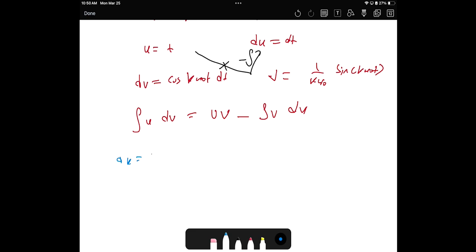This yields the integration by parts equation: a sub k will be 2 A over T squared, the integral of u v substituted from 0 to T, minus from 0 to T the integral of v du.